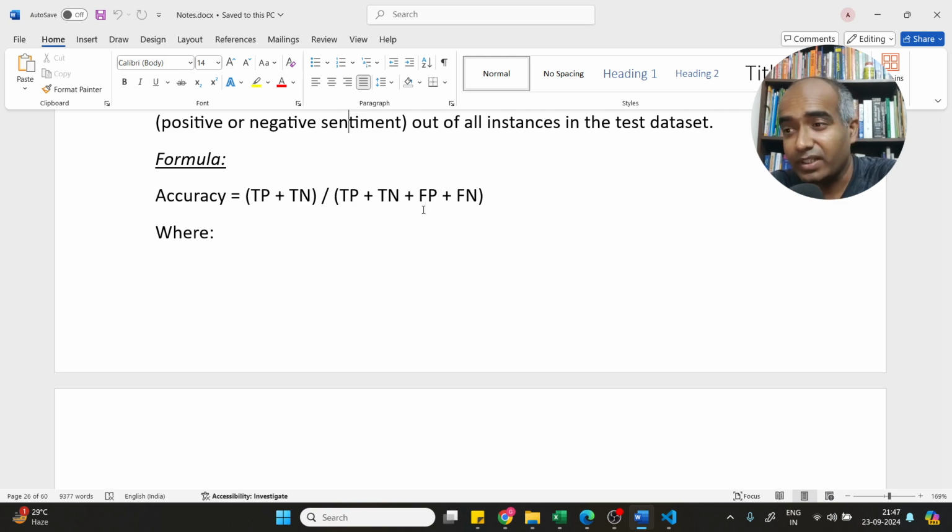Then there are false positives and false negatives. There may be a few results where something has been shown as positive, but it is not positive. There could be a few things where the result is negative, but they might not be exactly negative, so they are false negatives. So you add true positive and true negative, and then divide by true positive, true negative, false positive, and false negative.